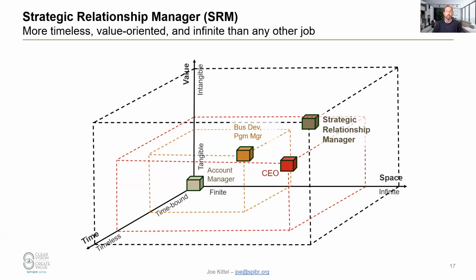Because as we saw in the prior module, it is the intangibles that drive the tangible results. And finally, space. They need to not be limited by any organizational boundary. They need to go wherever it is needed to find and create value.